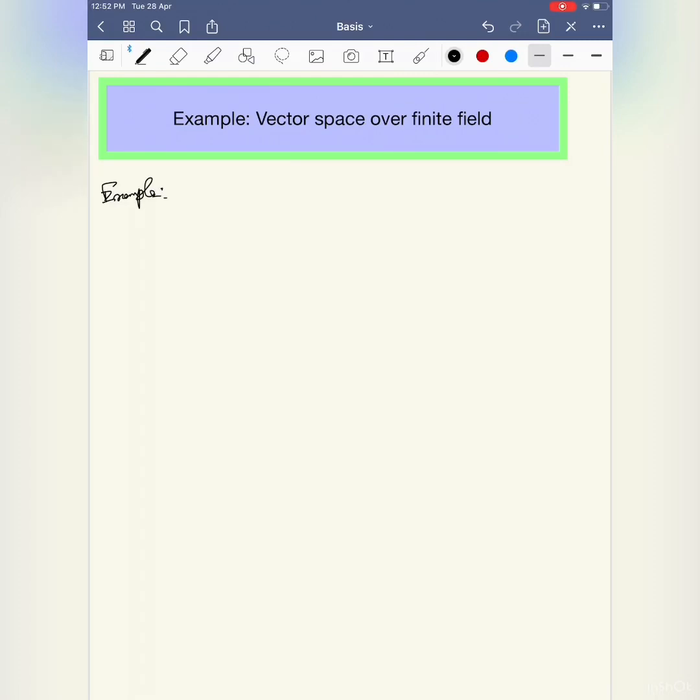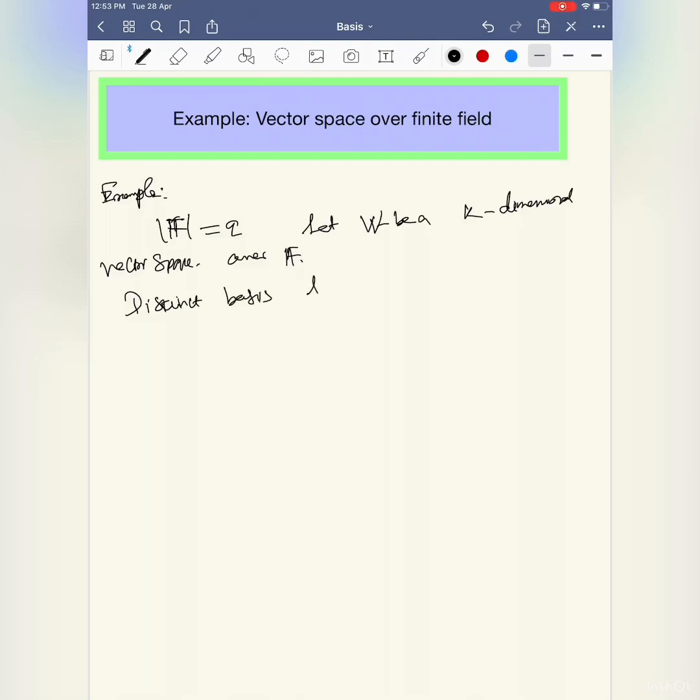First example: F is a finite field with q elements, and let V be a k-dimensional vector space over F. Now we will show how many distinct bases, let's say W, how many distinct bases W has over F.